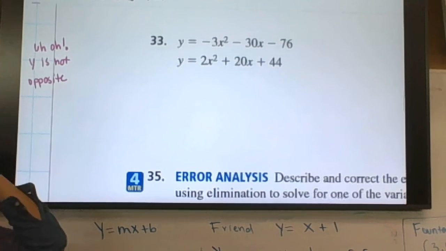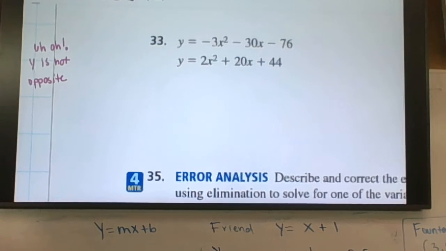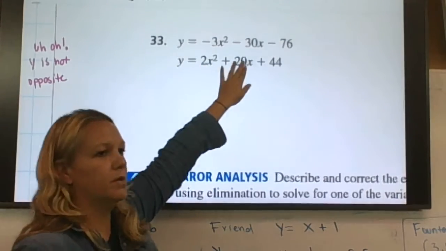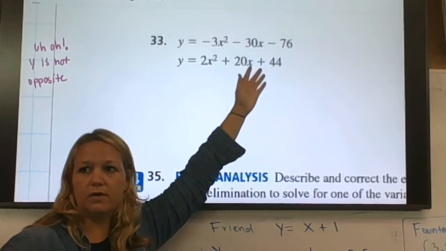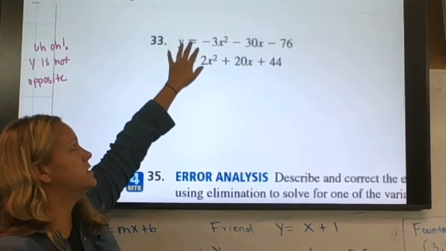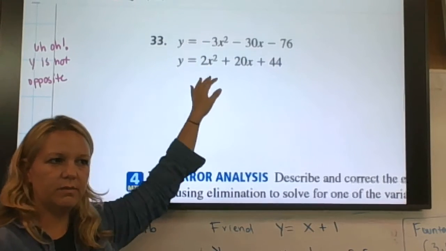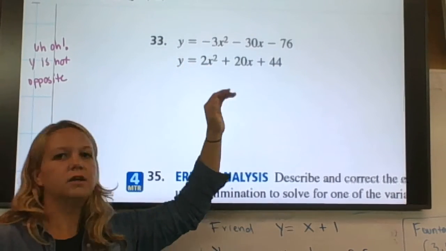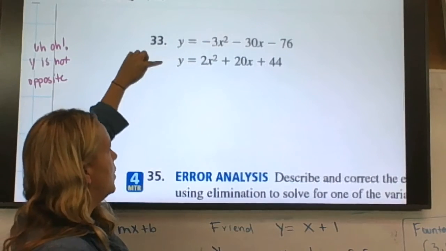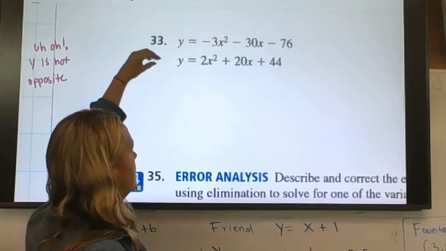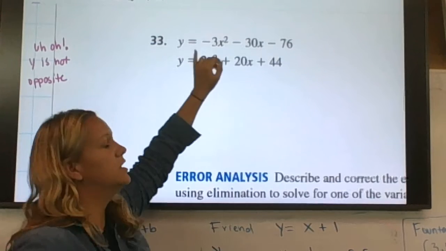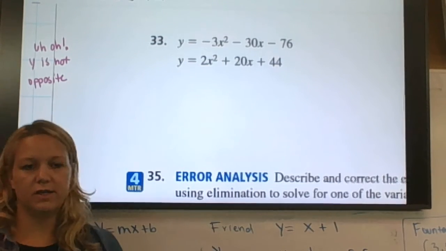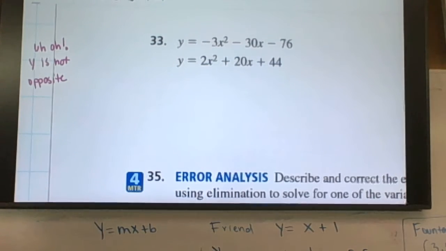Does anybody remember how you would solve it in algebra 1 with the linear? What could we do? We could multiply -1 through the bottom. Or I know in some classes, some teachers teach you to subtract down. Does anybody remember subtracting down? Okay, I'm going to multiply the whole bottom by -1. It's going to change all of their signs so that I have an opposite y value. It's really important you have opposite.